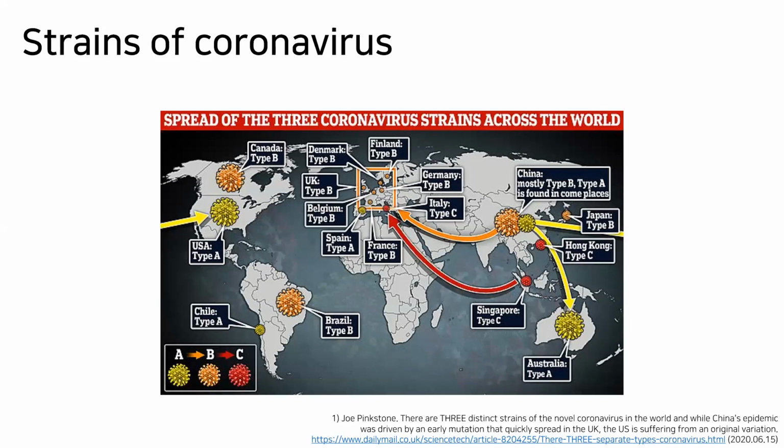That's why they have both A and B. Maybe some of them moved to America. And C is Hong Kong, Singapore, and some part of Italy. Then this C may be generated from B, not directly transferred from the Wuhan area. It was maybe from North Canada or other parts of Europe or South America or something like that.